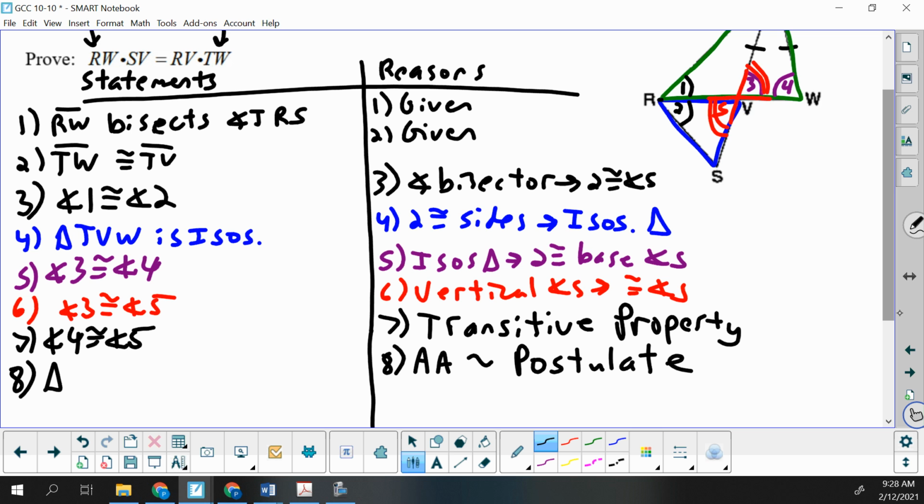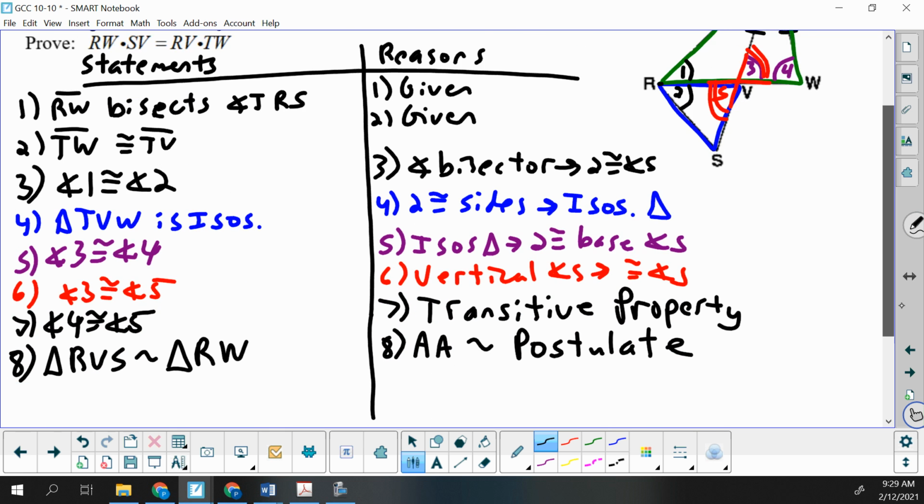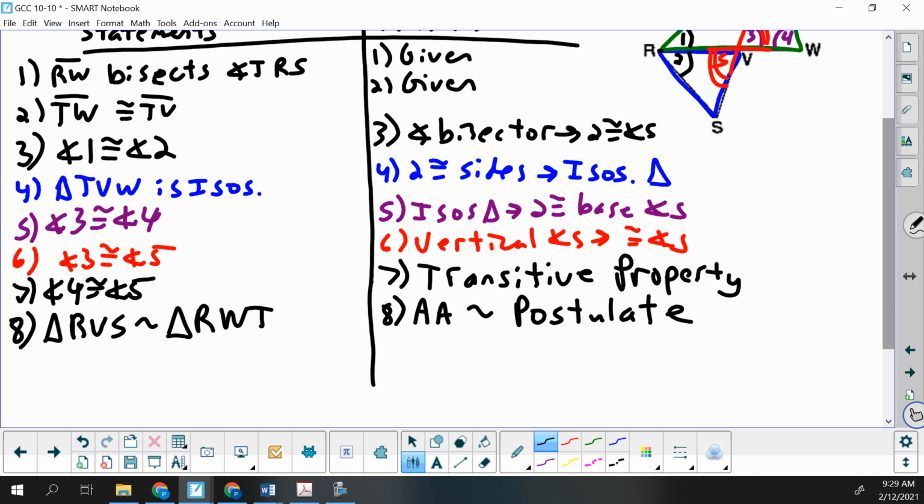I'm going to call the first one RVS. It's similar to triangle... R was the angle 2, that should match with angle 1, so that's also R in the other one. V was my angle 5, which was congruent to angle 4, so that should go W. And then the last letter is T, so RWT.